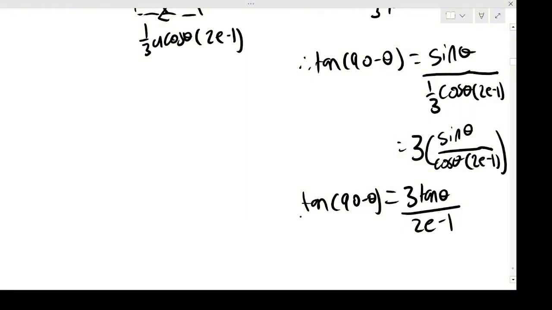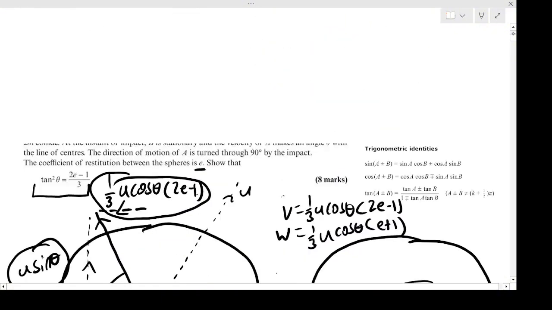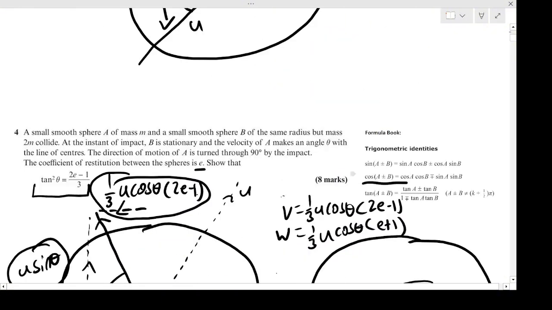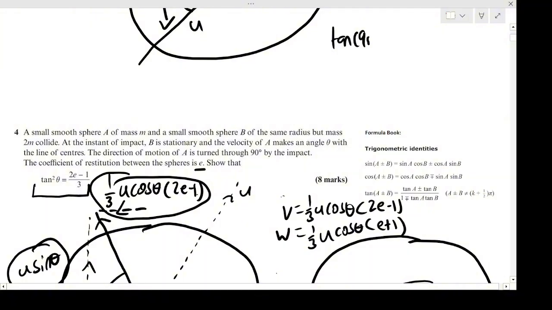Now, I can deal with this tan of 90 minus theta. This is a compound angle formula. I can use the compound angle formula, which is in the formula book, which hopefully you are familiar with from normal maths. Now, if I was to use that formula, I have tan of 90 take away theta.